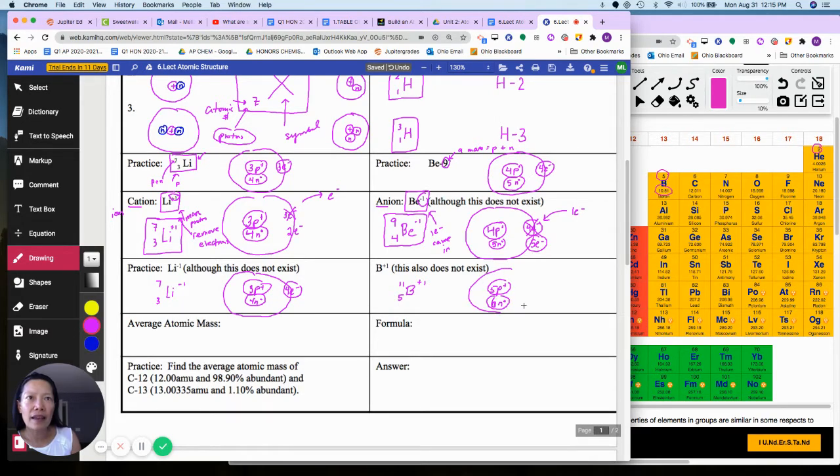Then the electrons is normally 5 electrons, but because it has a +1 charge, that means 1 electron left. So now instead of having 5 electrons, it has 4 electrons. So you have more protons than electrons, so you have a positive charge.